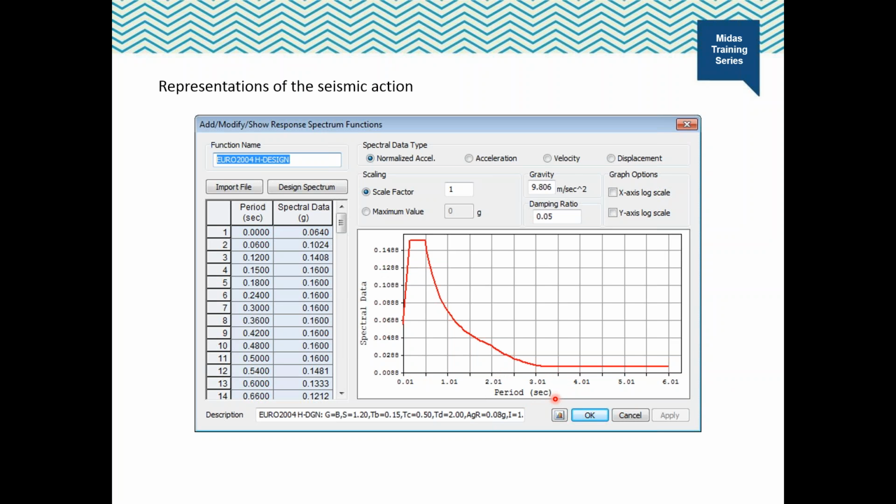Usually, 5% damping ratio is assumed. For the design of the new buildings, this is more frequently used than acceleration graph of ground motion. Generally, this may be either given in the design codes or obtained from a particular ground motion.